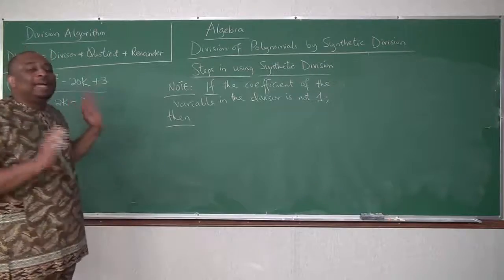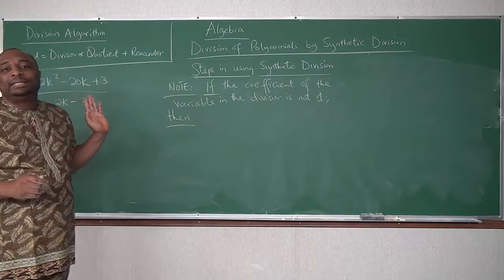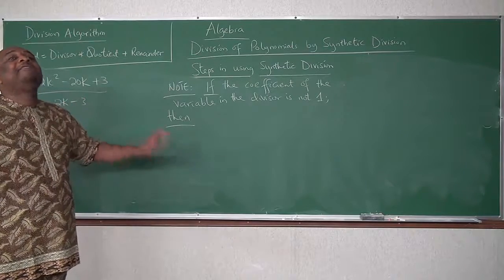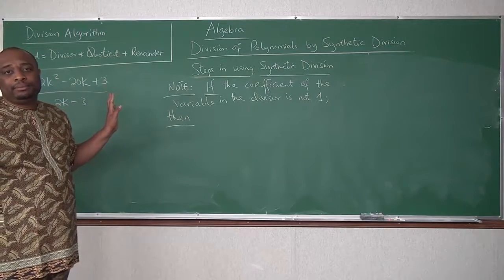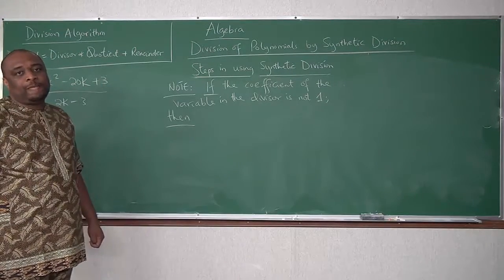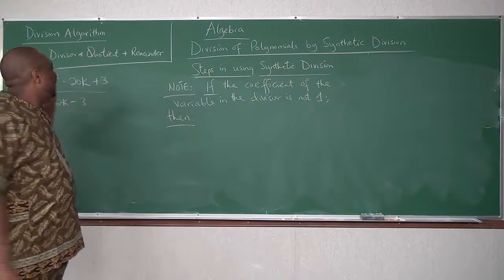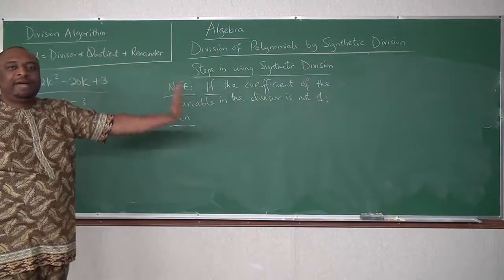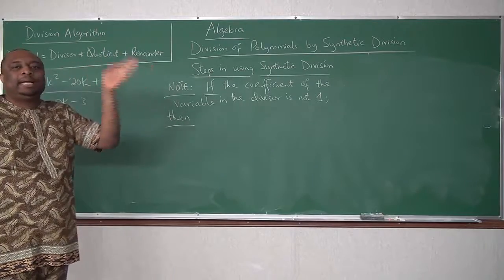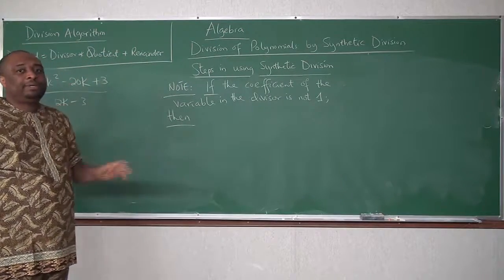You make it to be 1 by dividing every term by that coefficient. We're going to divide every single term in the dividend and in the divisor by that coefficient. Very, very important, folks.